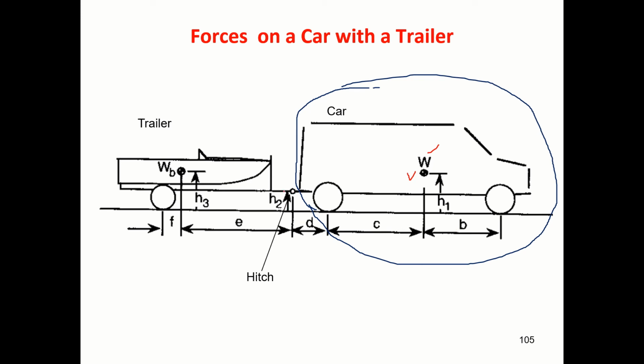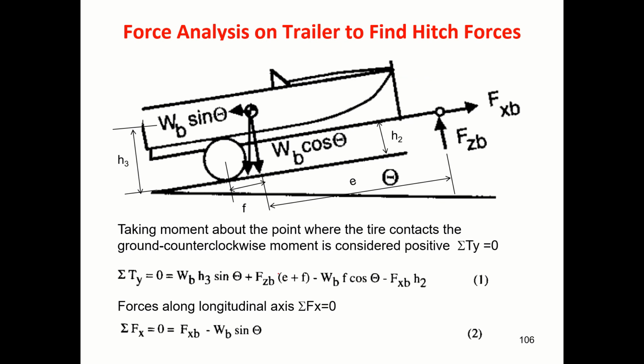It is at a height H2, and the center of gravity of the trailer is at H3 and its weight is WB, and this distance between the center of gravity and the axle is F. So assume this vehicle is pulling this trailer. Okay, so let us find out the gradability of such a vehicle.